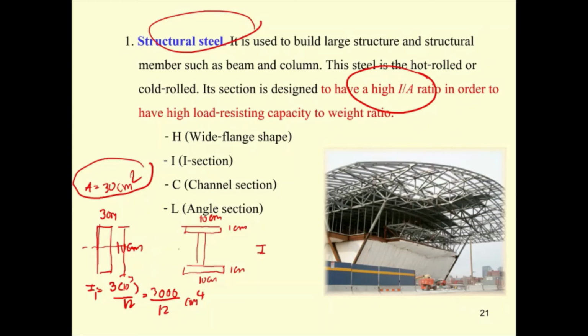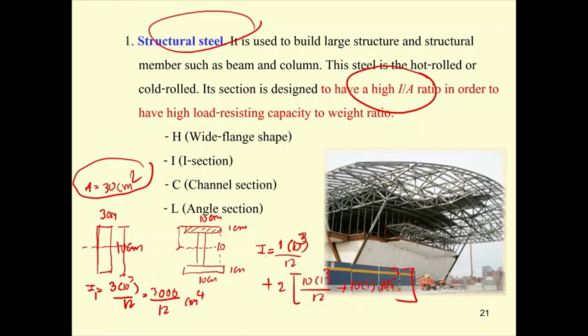However, the I here, you may have this one, which is 10 times 1 power 3 divided by 12, plus 2 times the flange: 10 times 1 power 3 divided by 12, plus the area 10 times 1 times 10.5 squared.